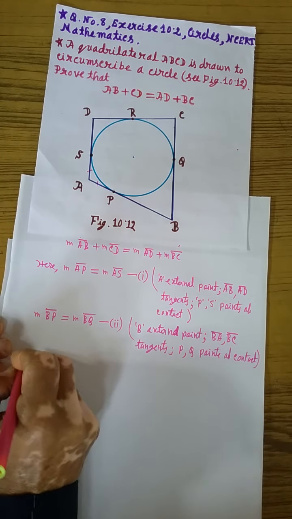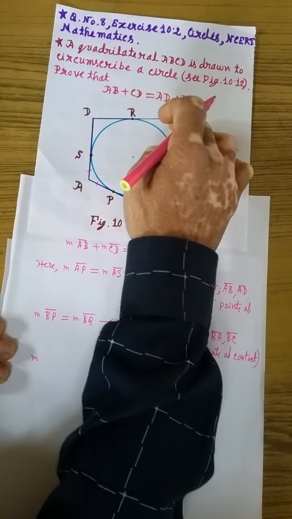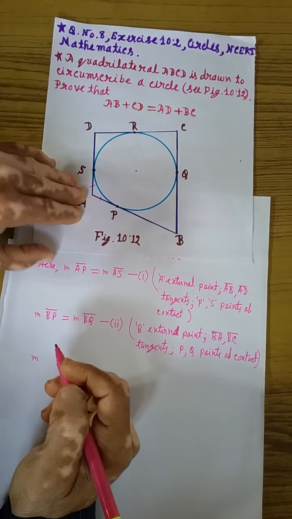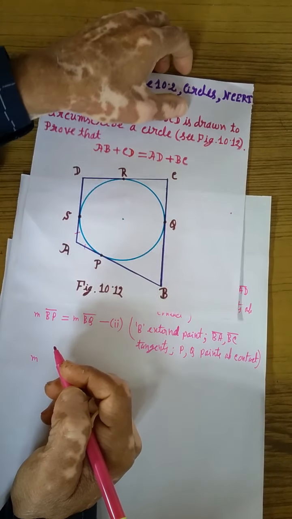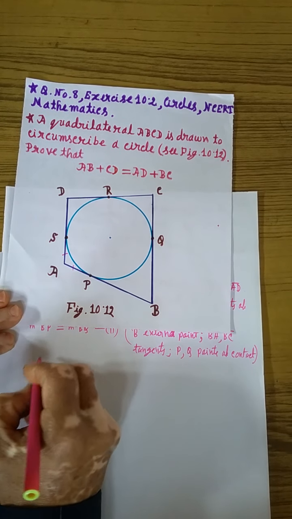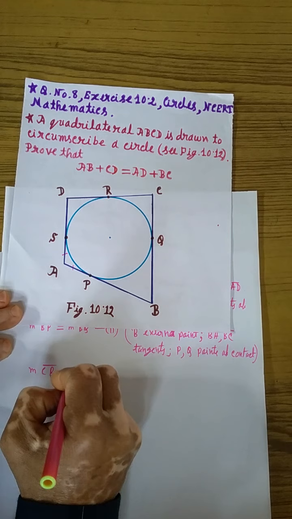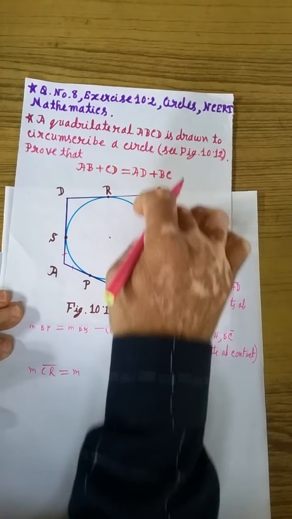After this, write measure of CR is equal to measure of CQ.